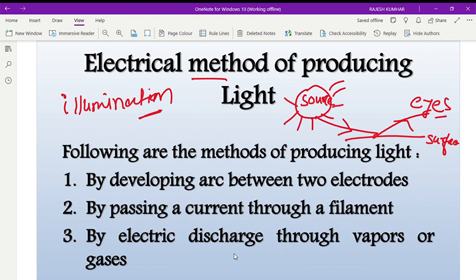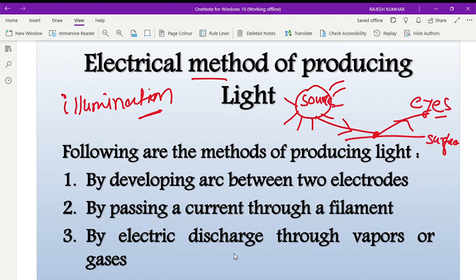So the light coming from the source interacts with the surface and is reflected from the surface to reach the human eyes, the complete process is called illumination. When light falls on a surface, it becomes visible. The phenomenon is called illumination.